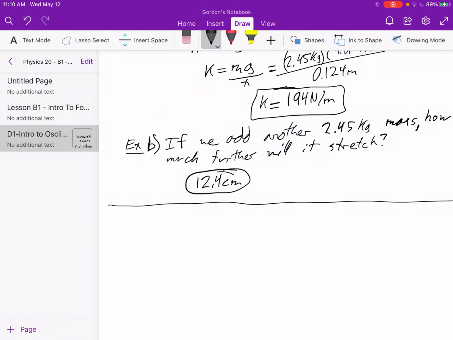Okay, and then the last topic that we're going to look at here, we'll call this case 2. Case 1 was just the springs. There's 2 different types. We're going to look at pendulums.